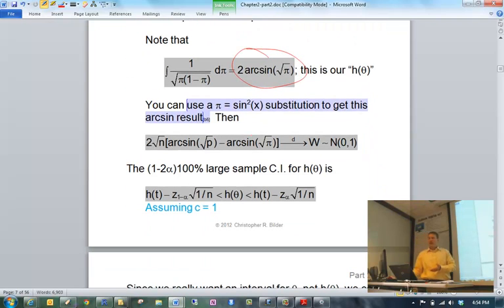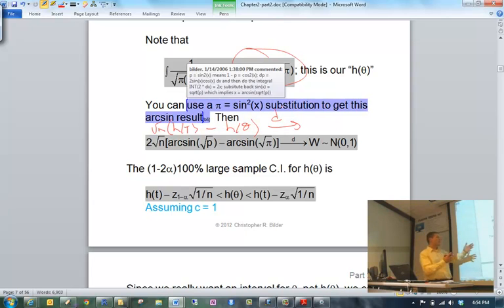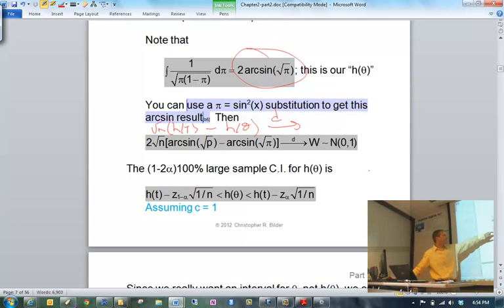What that means for us is that if I take square root of n, h of T minus h of theta, and plug in my arc sine with the square root of p, now I get a standard normal random variable, or convergent distribution. So again, the arc sine transformation with the square root is the variance stabilizing transformation that one would use when trying to estimate a population proportion.